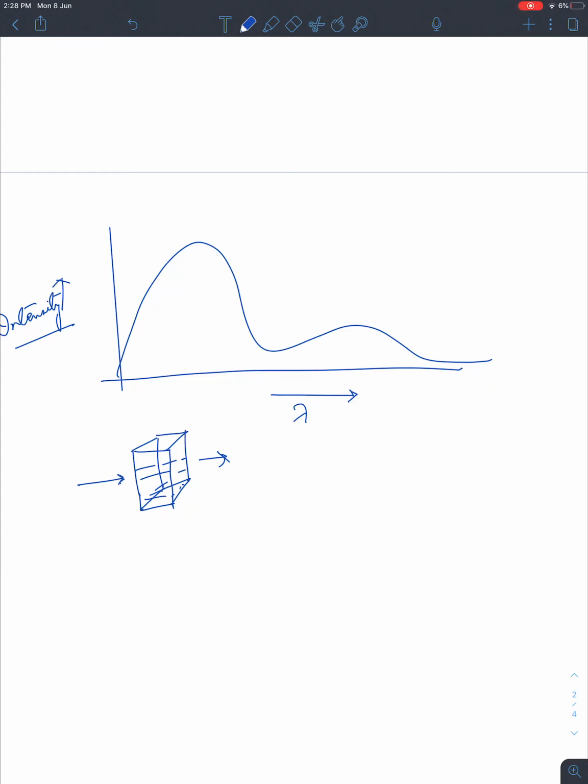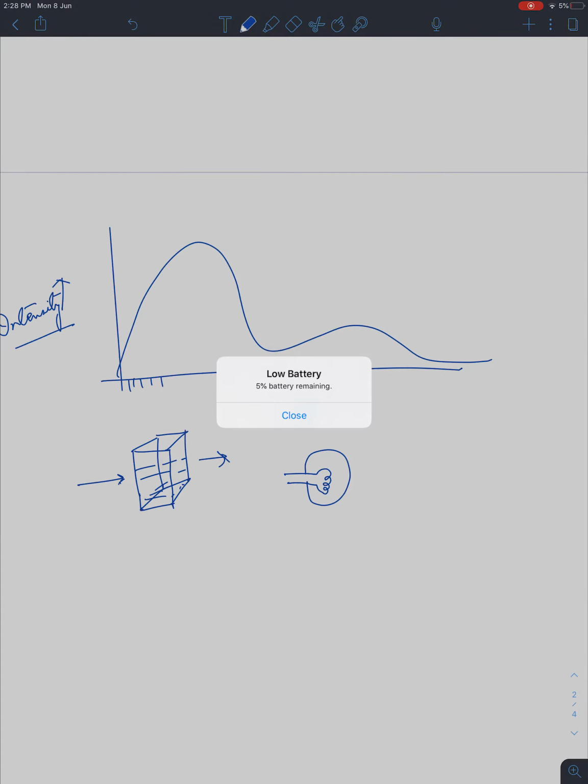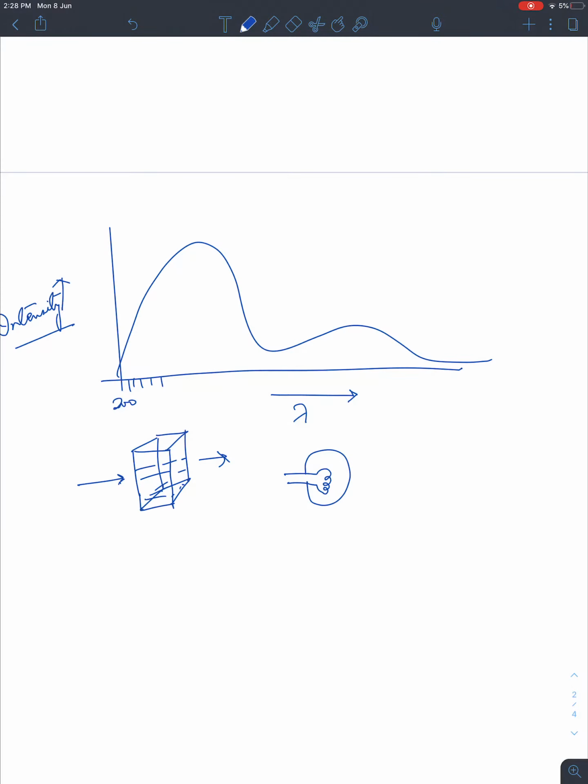But suppose in this case I don't have a monochromator. That means I have a light that is giving off the entire series of wavelengths. I don't have a light that gives only one wavelength at a time. In the UV visible we are going from 200 nanometers to 400 nanometers.